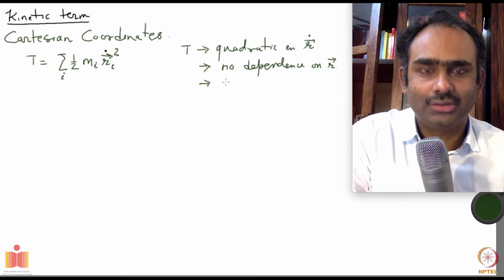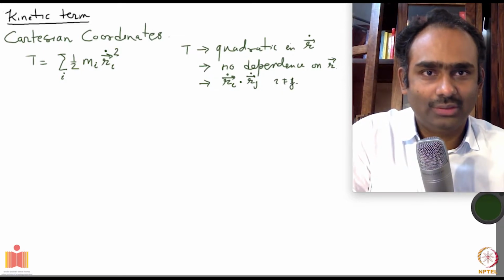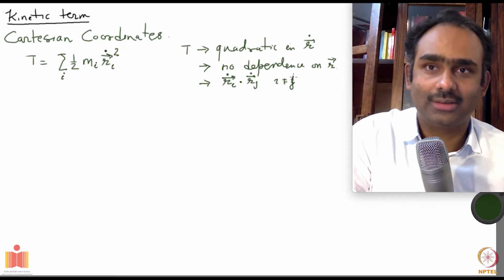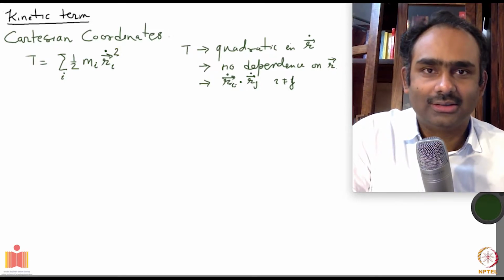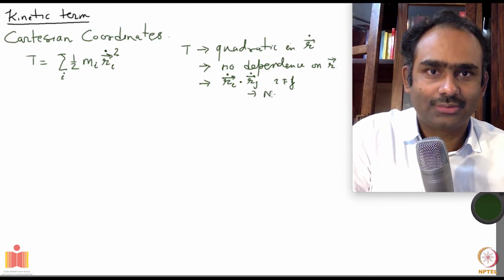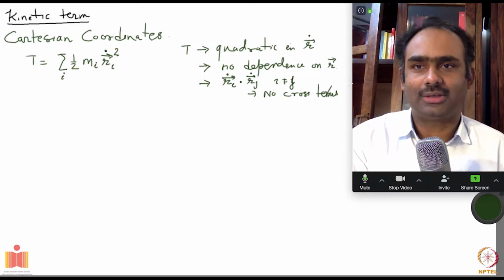And there is no r_i dot r_j dot kind of term here, where i is not equal to j. You have only the terms where i and j are equal. So no cross terms are present.